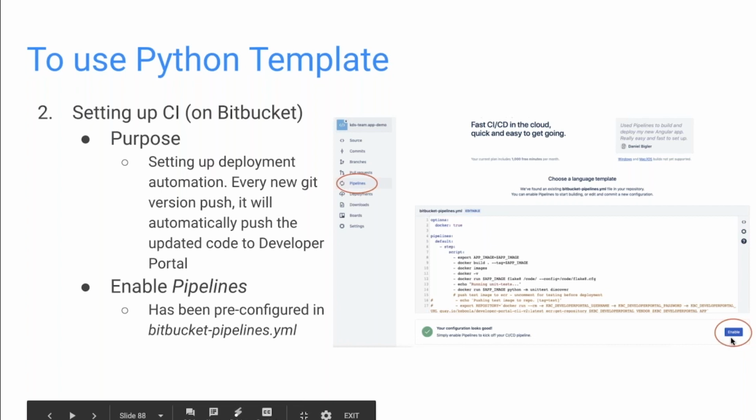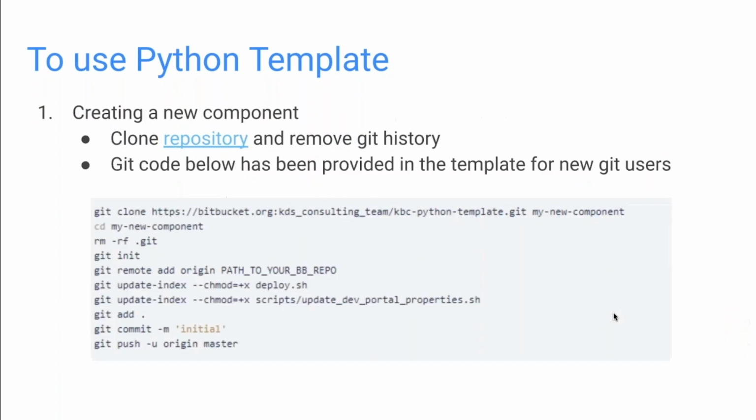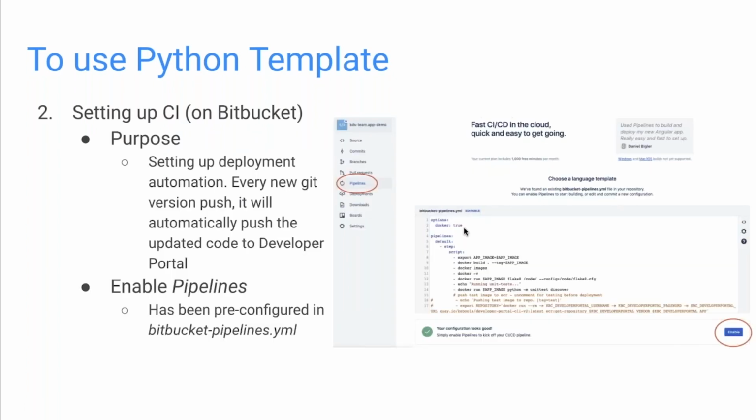So remember, after you clone our template, remember to redefine where it should go and define the master. After that, commit and push the code into your current component, the component that you wish to develop. After that, click on pipelines. You will need to enable it.